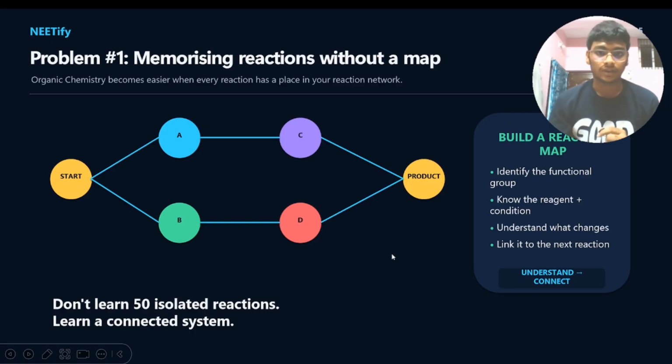Then class 12 chemistry: haloalkanes, haloarenes, alcohols, phenols, ethers, aldehydes, ketones, carboxylic acids, then amines, and then biomolecules. Most of the questions are concentrated in class 12 organic chemistry in the examination, so this is the proper roadmap.